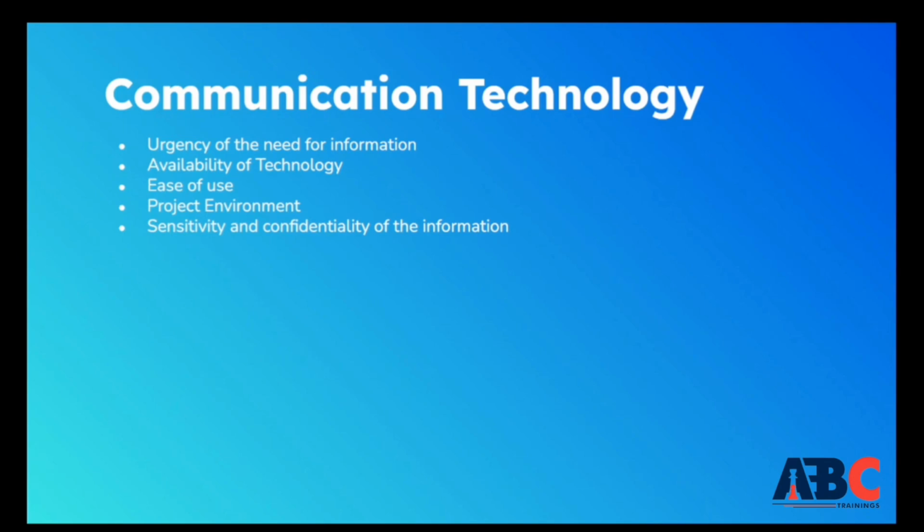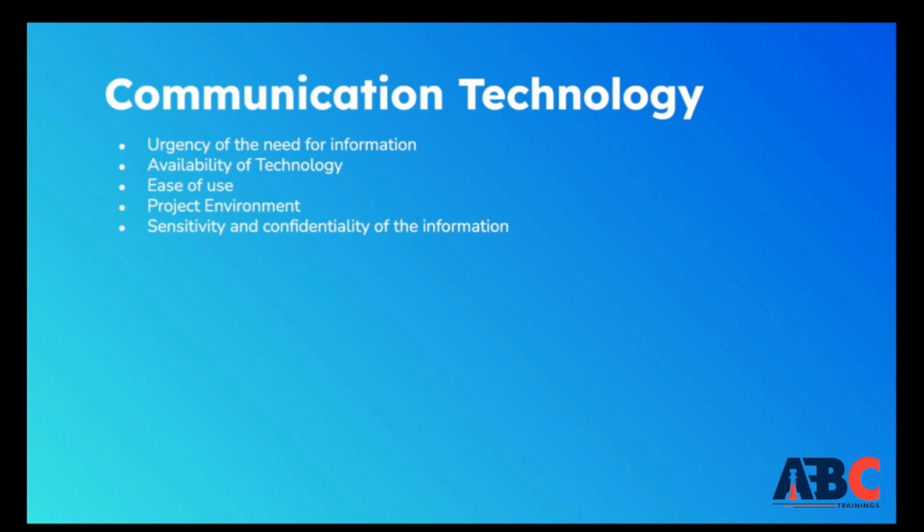According to that, you have to set the communication technology. If you have an urgency, you can call, connect through WhatsApp, or telephone. If your task is urgent and you can't send it by mail or send it later, then it becomes important to find out its urgency.